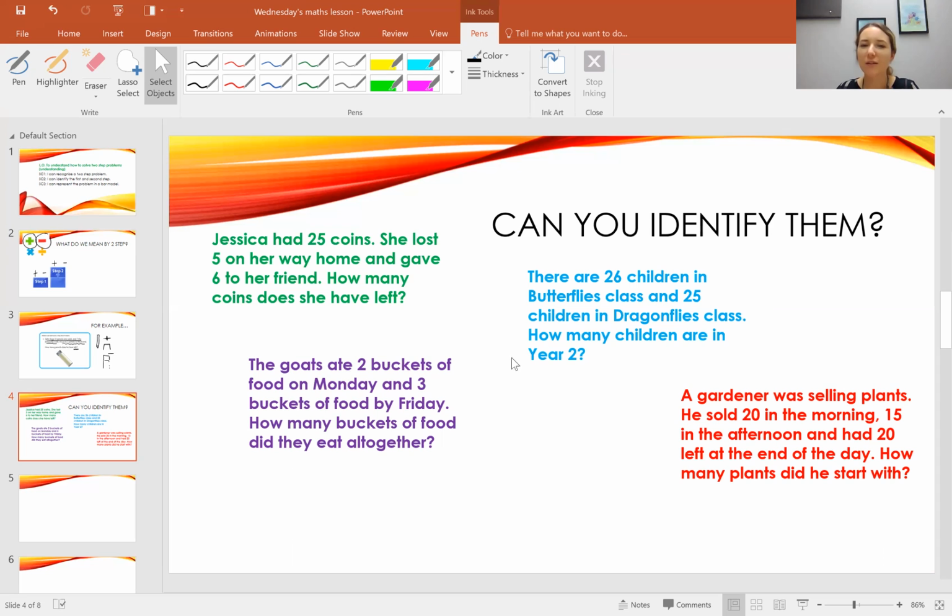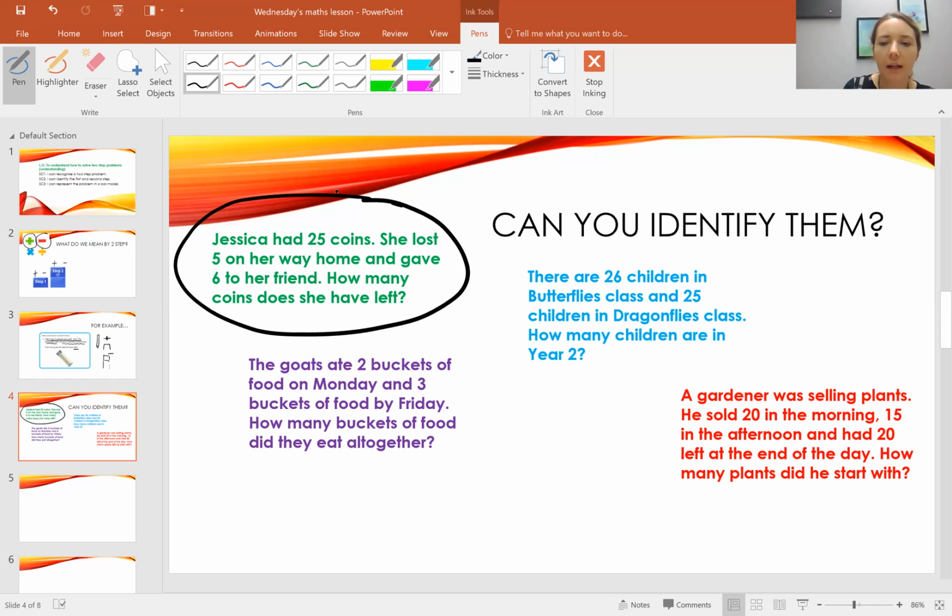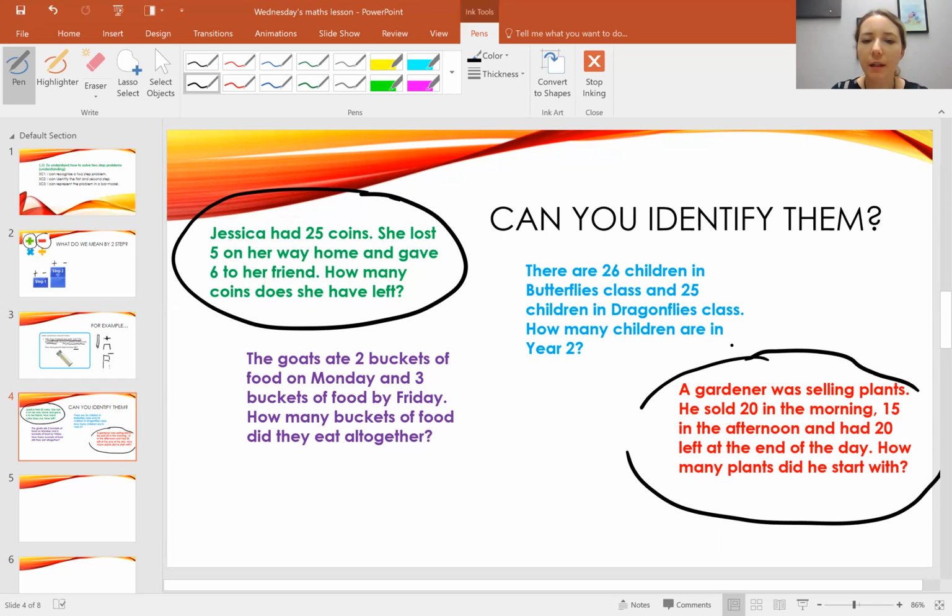Well done. So hopefully you realise that the two-step problems were this one and this one. Because in these two, there's only one thing that we need to do. So the goats ate 2 buckets of food on Monday and 3 buckets by Friday. How many did they eat altogether?